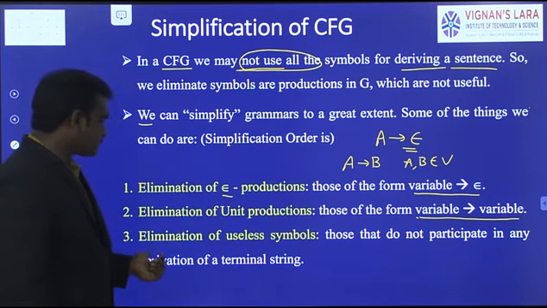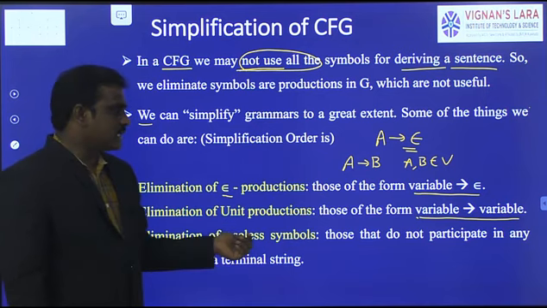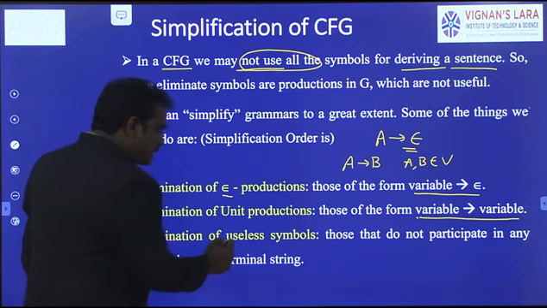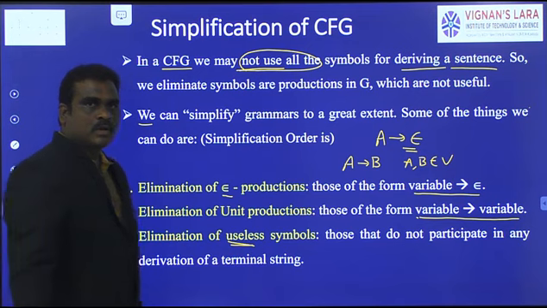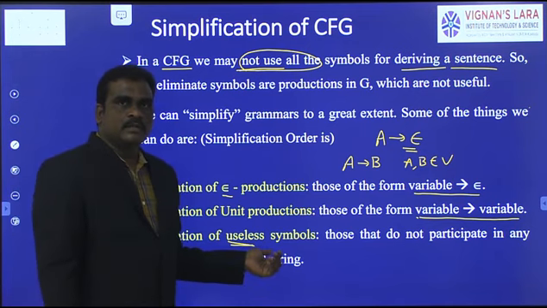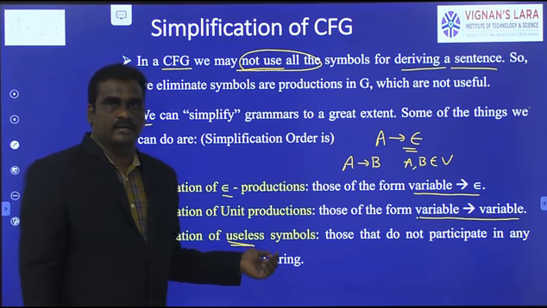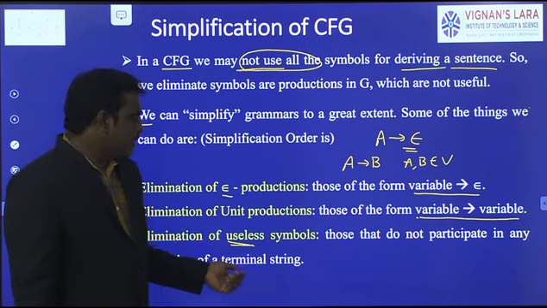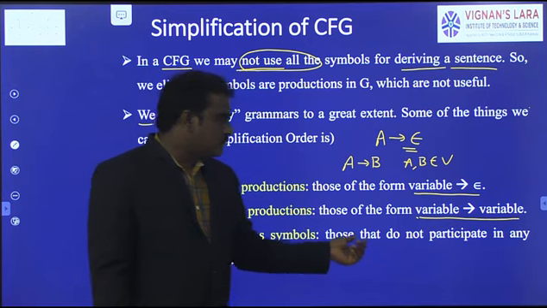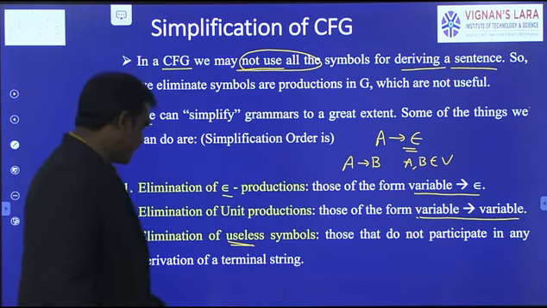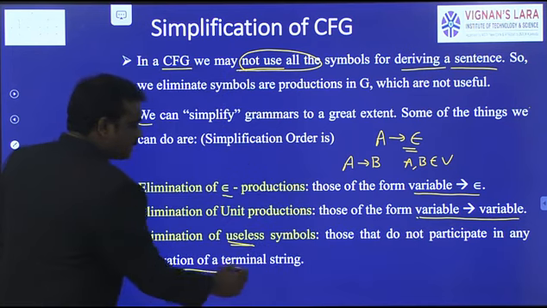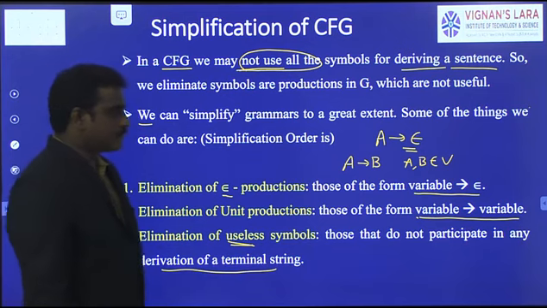And the third one is useless symbols. So the name itself is useless. What is meant by symbol? In a grammar we have two types of symbols: one is variable and another one is terminal. So useless symbols are those that do not participate in any derivation of a terminal string.